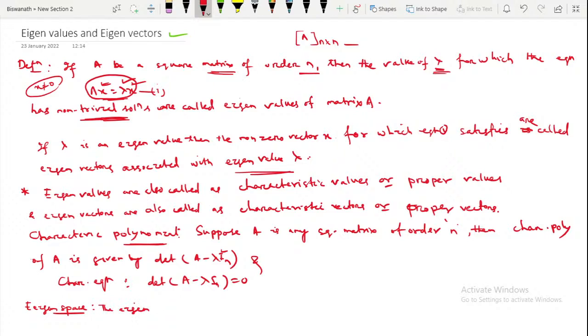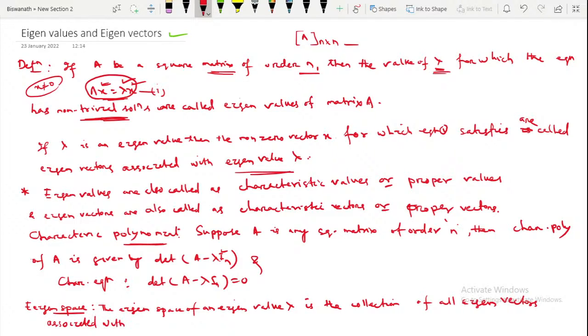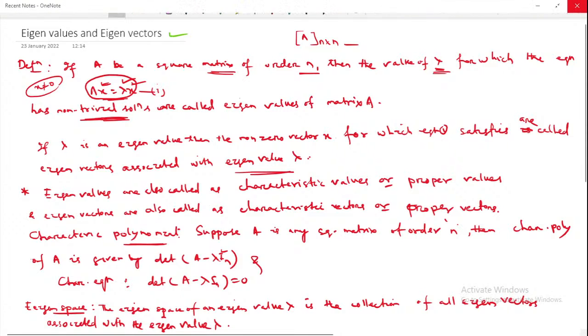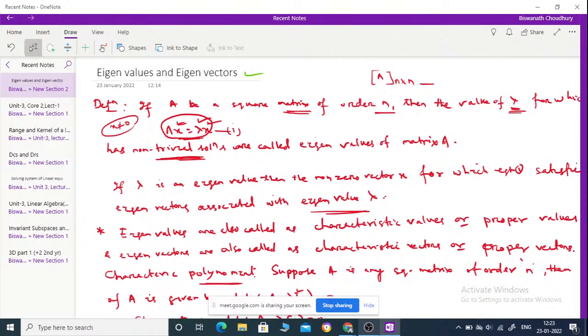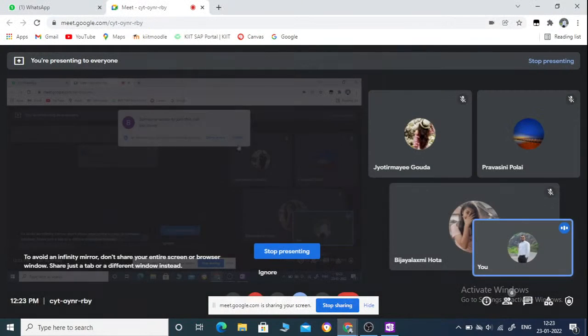The eigenspace of an eigenvalue lambda is the collection of all eigenvectors associated with the eigenvalue lambda.